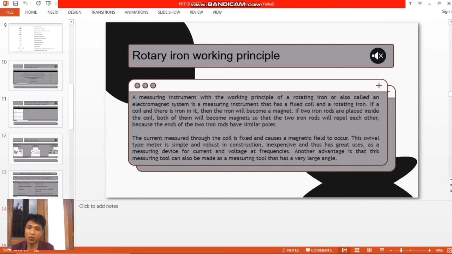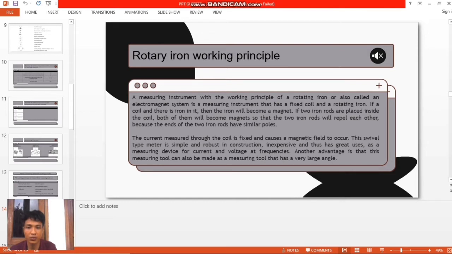Then the iron will become a magnet. If two iron rods are placed inside the coil, both of them will become magnets so that the two iron rods will repel each other because the heads of the two iron rods have a similar pole.